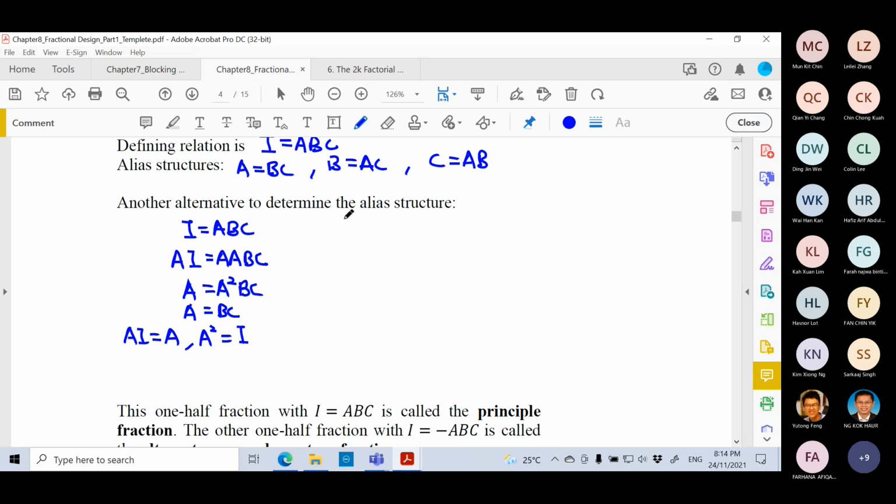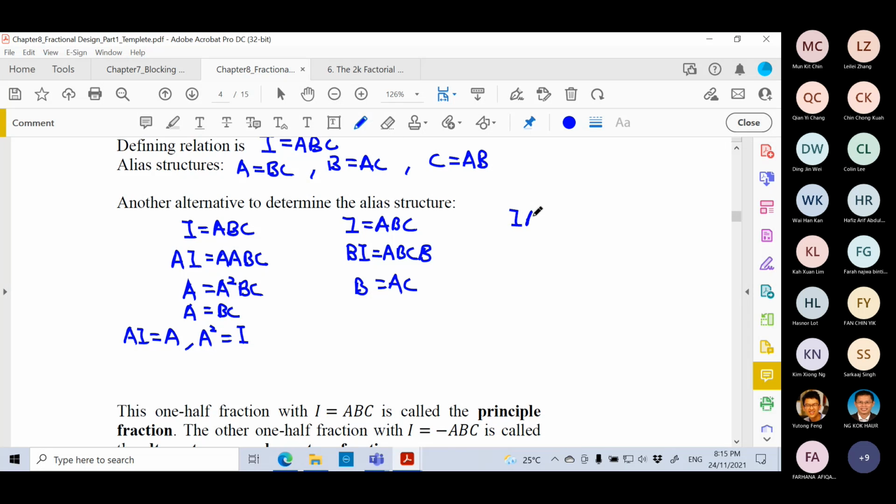Similarly, for I equal to ABC, if I want to find B, I have BI equal to ABCB. So from here, I get B equal to AC.